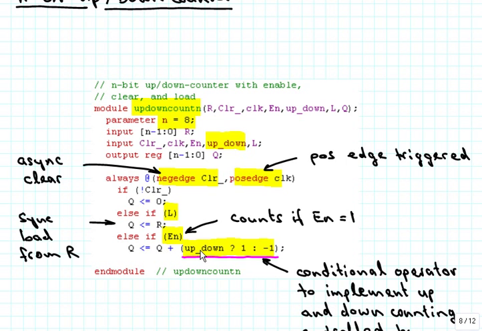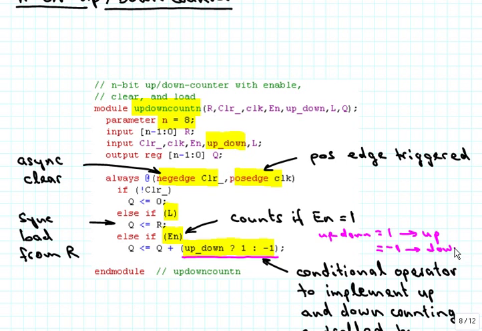So up-down equal to 1 means up. And the second one here, if up-down is 0, then we choose -1 to be added to Q, so that if this is equal to -1, that means that we count down.